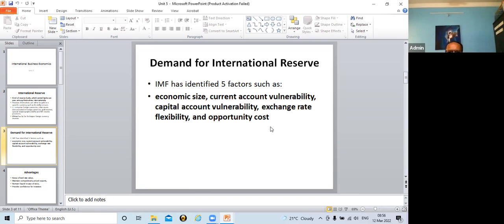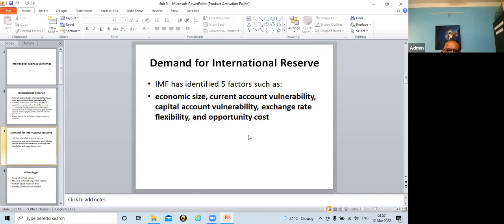Even India had a balance of payments problem in 1991. We approached the IMF, and the IMF allowed us to withdraw our funds because it is our money. There are 189 countries who are members of the IMF.